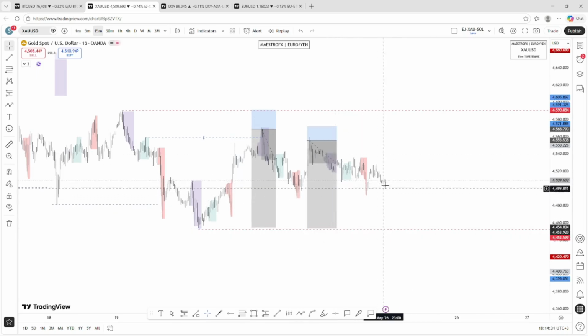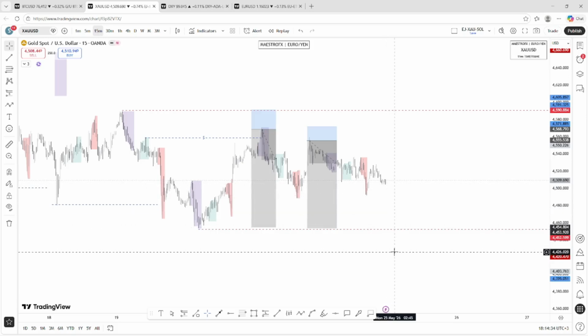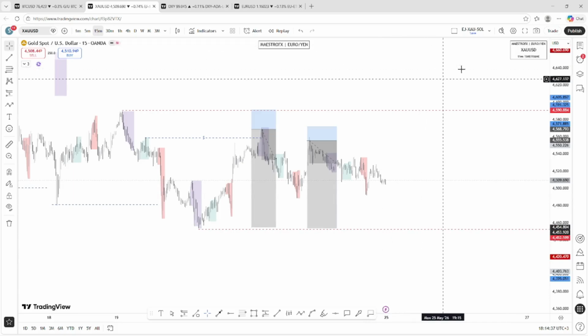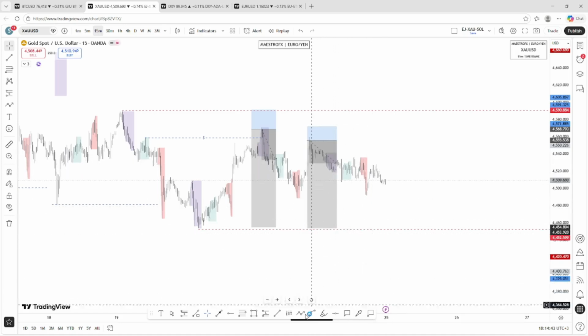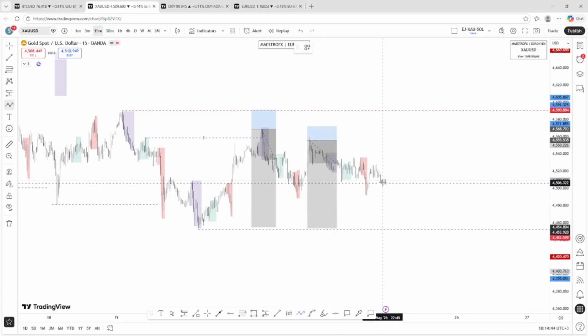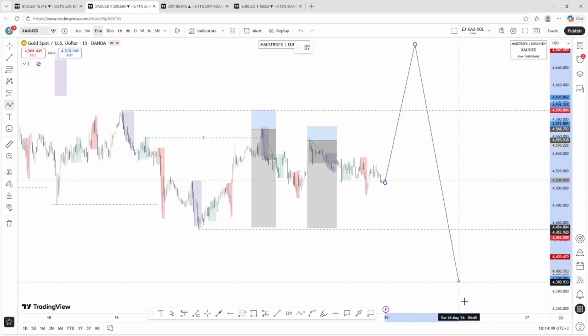I'm watching for this price to continue, take this low before we push a higher time frame, or we could probably start that retracement on this level, a higher time frame, before continuing.